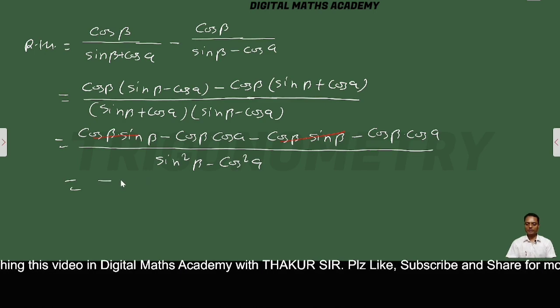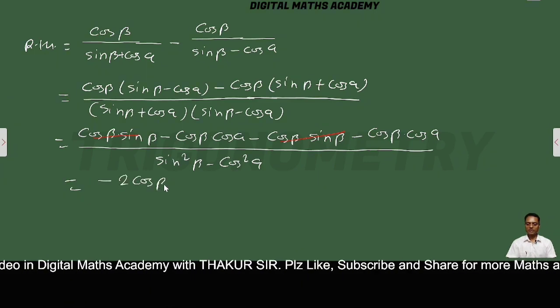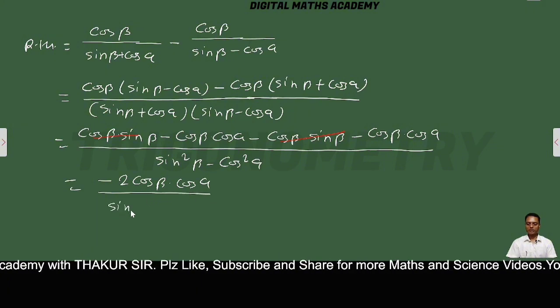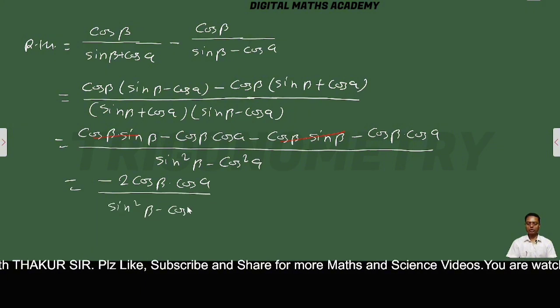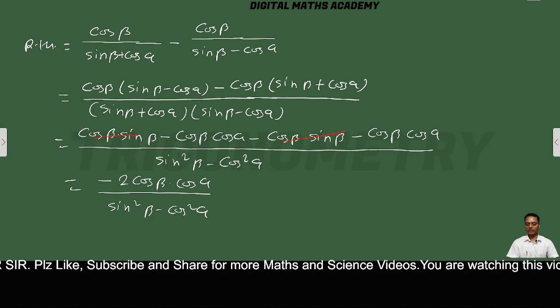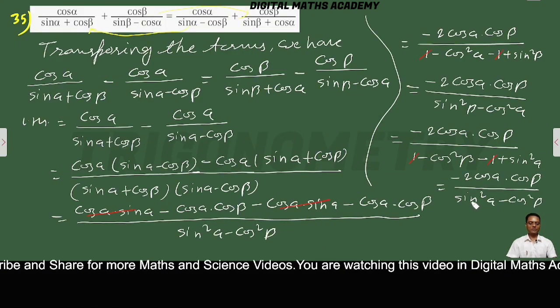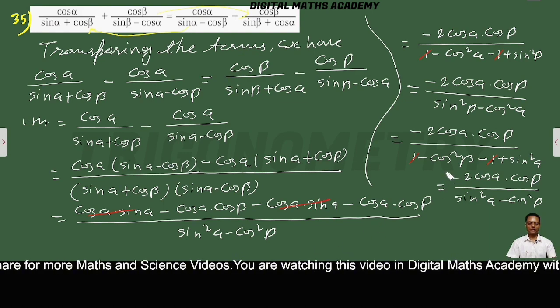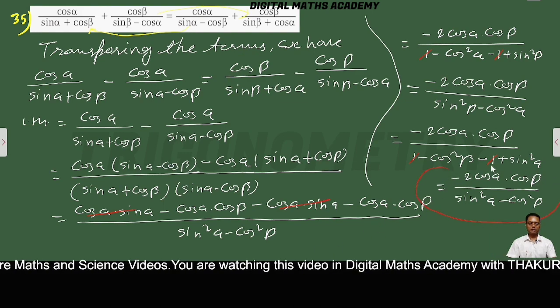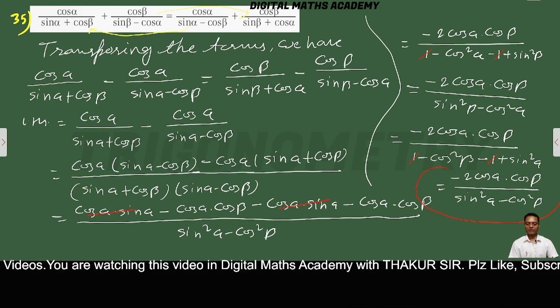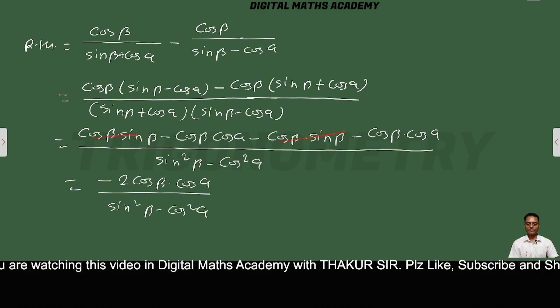So you write here minus 2 cos beta dot cos alpha over sin square beta minus cos square alpha. So when you see the simplification of the left hand side, it is minus 2 cos alpha dot cos beta by sin square alpha minus cos square beta. So we have got the same, right?